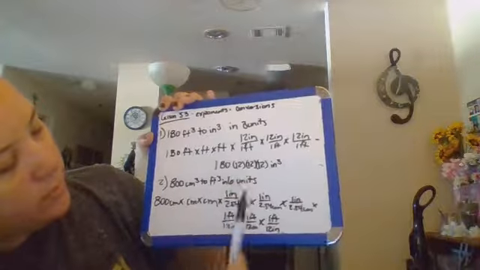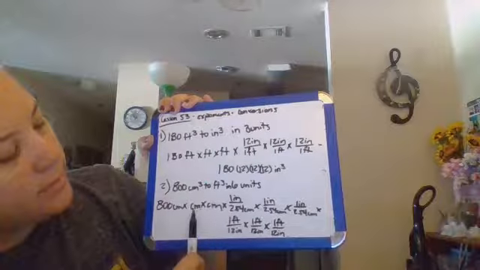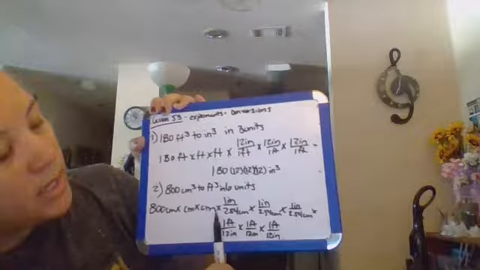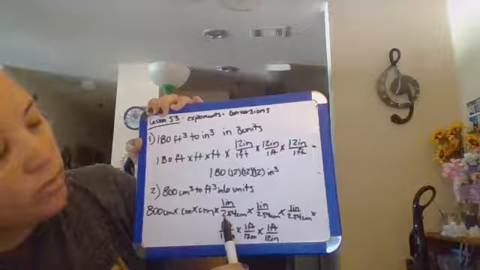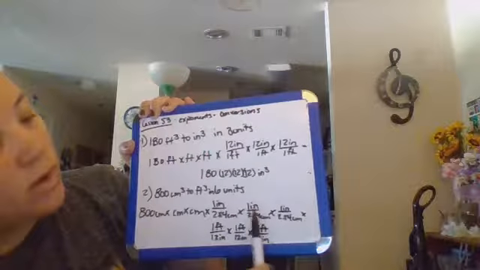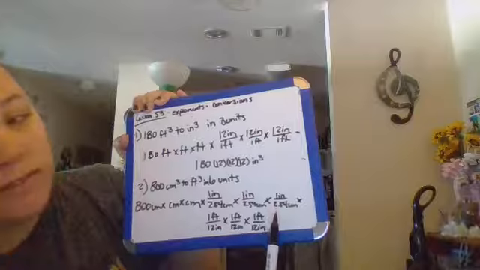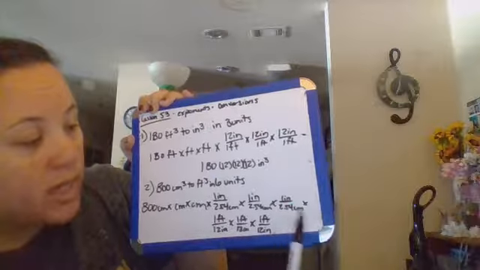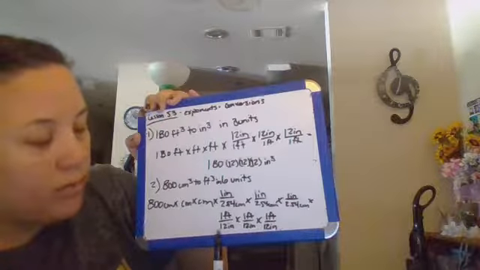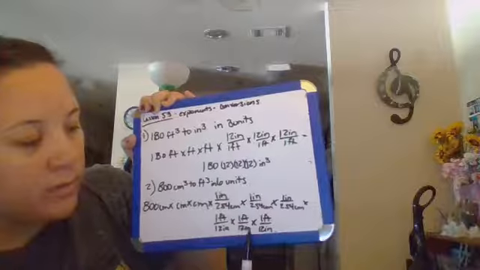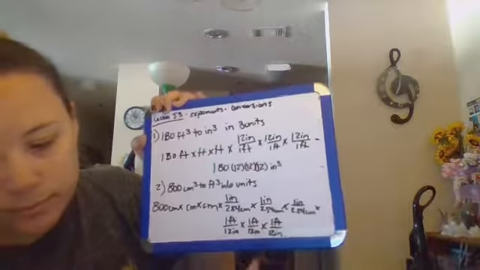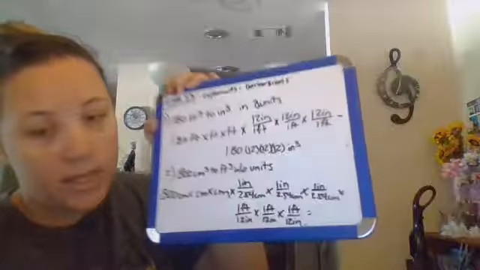So you would have 800 centimeters times centimeters times centimeters times 1 inch over 2.54 centimeters, three times, times 1 foot over 12 inches, three times, to get your final answer of 800.